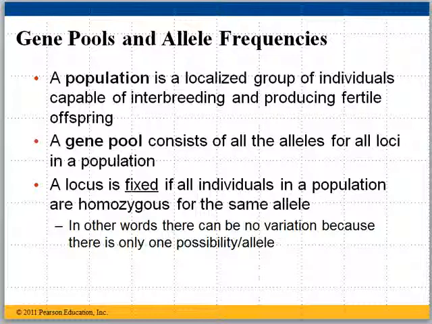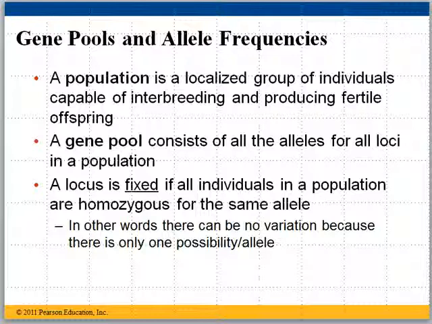So a population can be geographically separated from other populations, or it can be separated from other populations by habit, or a variety of other things can do this. But a population is a distinct group, a localized group, within the same area, of creatures of a particular species that interbreed and produce fertile offspring.